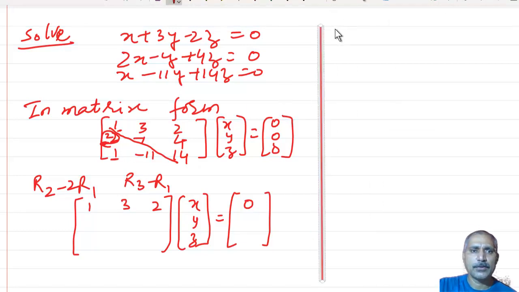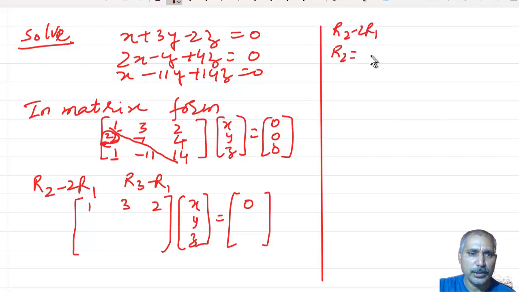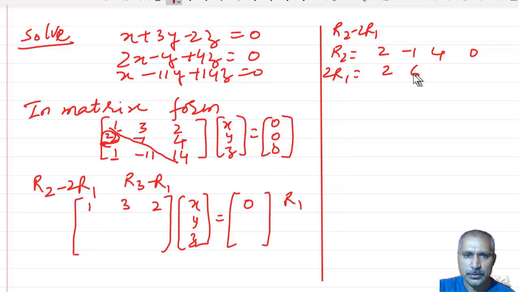Now the operation is r2 minus 2 times r1. The r2 elements are 2, minus 1, 4 and 0. 2 times r1: we multiply this row by 2, and it becomes 2, 6, minus 4 and 0.